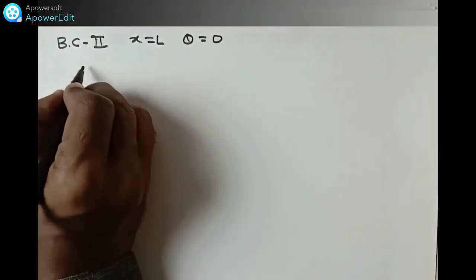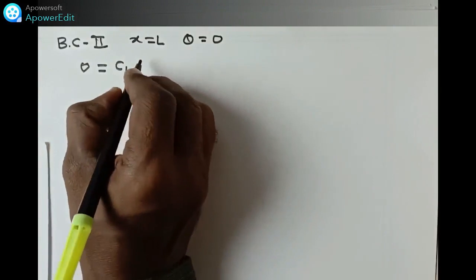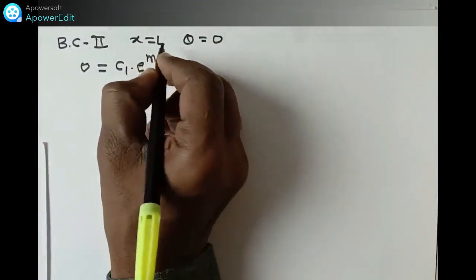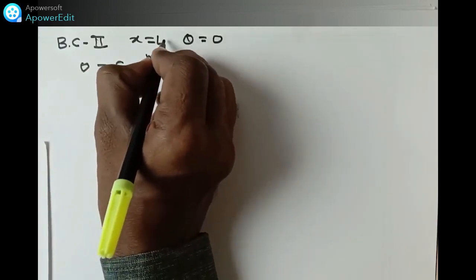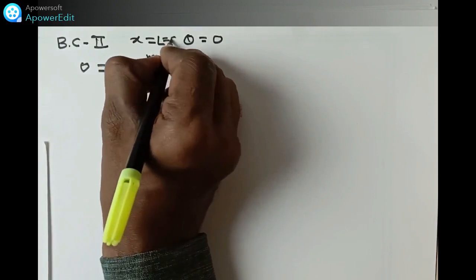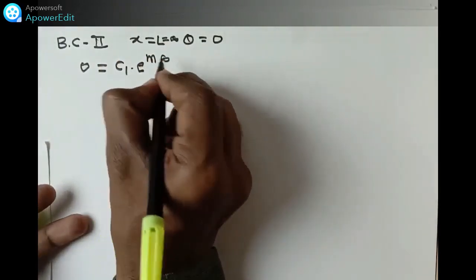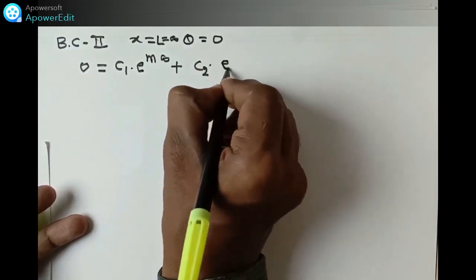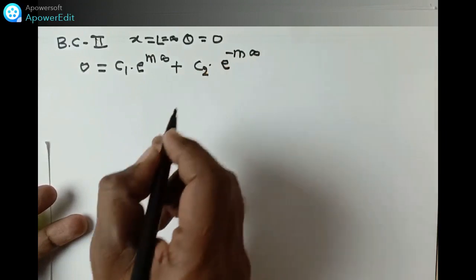So theta is equal to 0, which is equal to C1 into e raised to m into x value. Now the x value we will take here at the end, that is infinity. So m into infinity plus C2 into e raised to minus m into infinity.